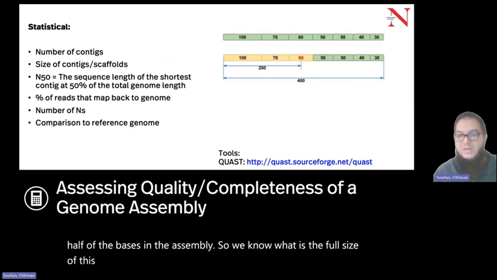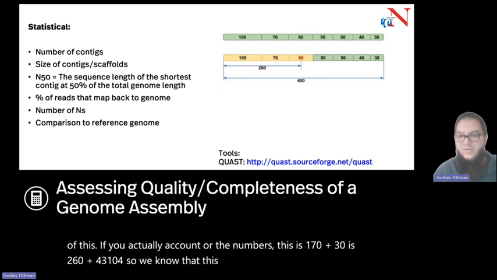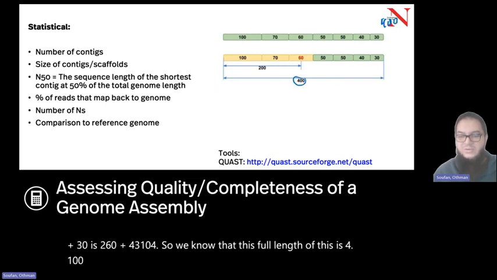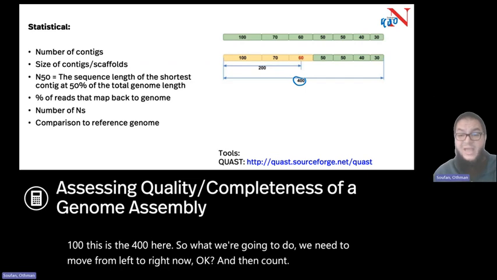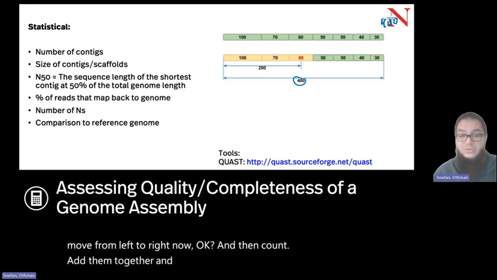If you actually count the numbers, this is 170 plus 30 is 200, plus 60, plus 40, 300, 400. So we know that the full length of this is 400. This is the 400 here. So what we're going to do, we need to move from left to right now, okay, and then add them together until we get to 200. So 100 plus 70 is 170.